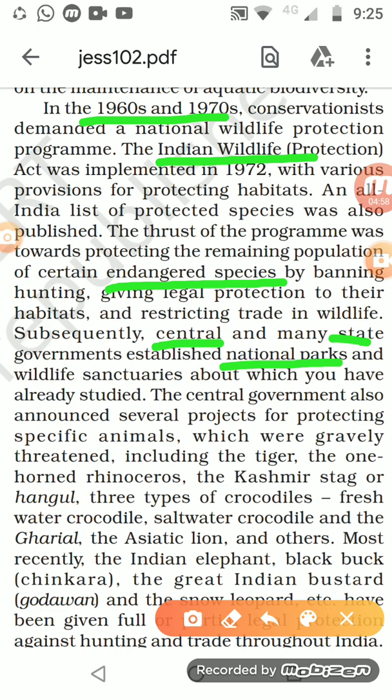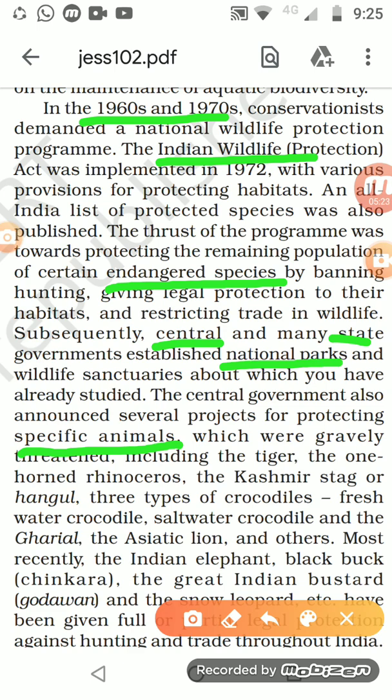When we establish a national park, we protect specific animals. You can see it is mentioned here, children. Because national parks mean no hunting, no poaching, nothing. The animals are taken very good care of, and the government spends a lot of money in preservation of these specific animals.